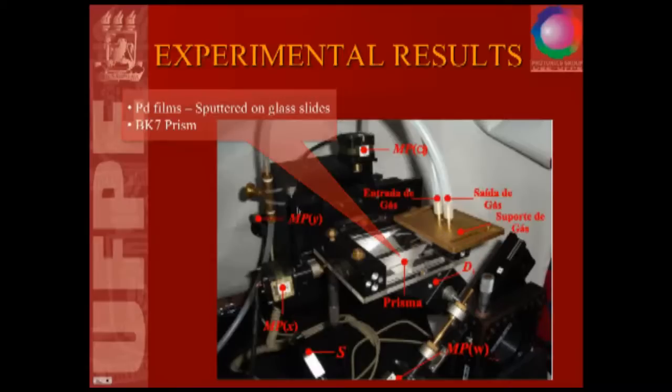This is a mount that we fabricated for this, and we have our palladium films already sputtered in the physics department at the Federal University of Pernambuco on glass slides, and our prism is a BK7 prism.